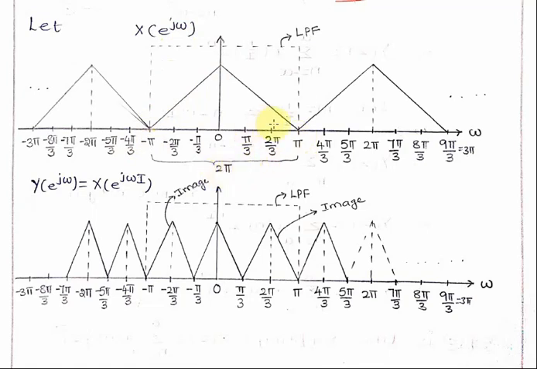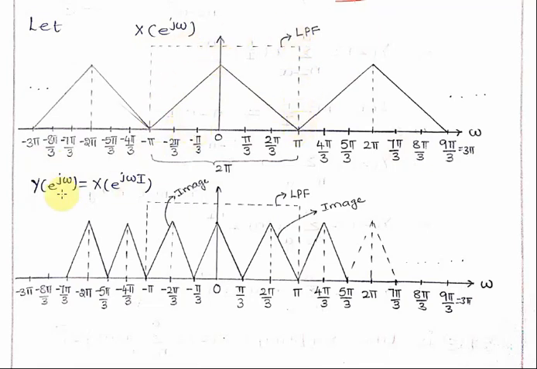It is repeating from pi to 3 pi, total duration is 2 pi. Here minus 3 pi to minus pi, total duration is 2 pi, meaning the spectrum is repeating for every 2 pi radians per second. But we need to take only one frequency spectrum. This is the original one. We can get it by applying a low pass filter. These dotted lines represent the low pass filter.